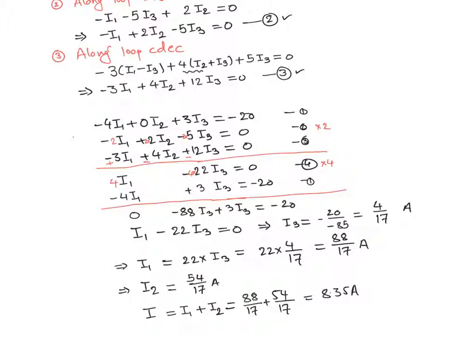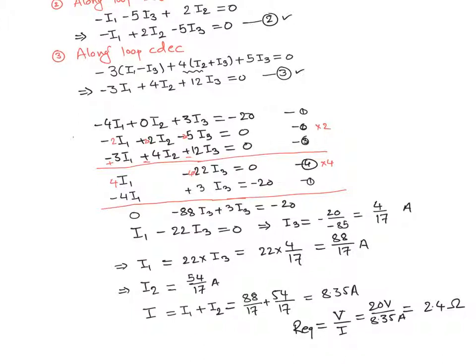Now equivalent resistance R equivalent is given by V divided by I, which is 20 volts divided by 8.35 amps, which equals 2.4 ohms.